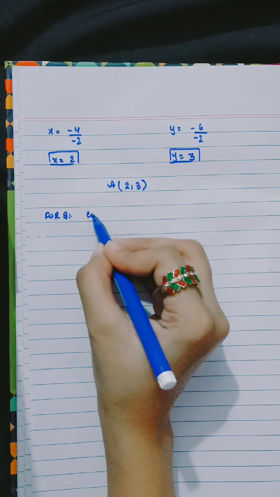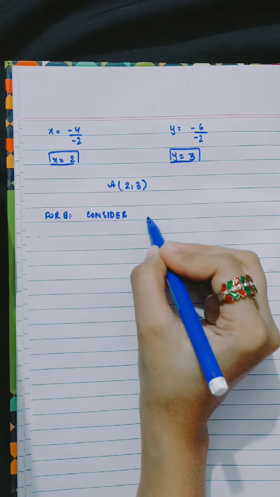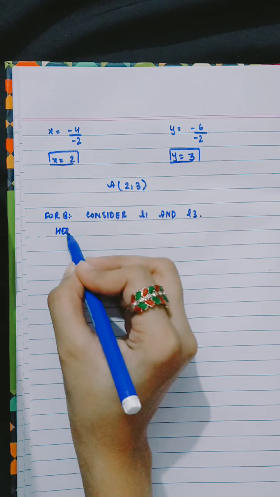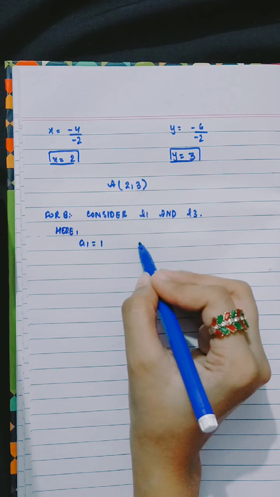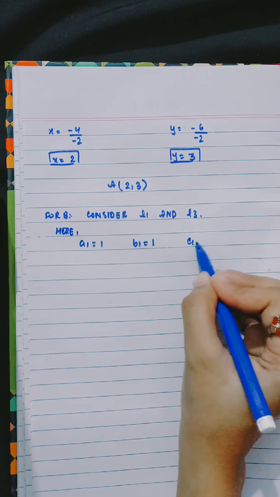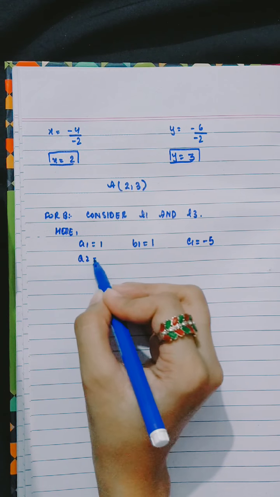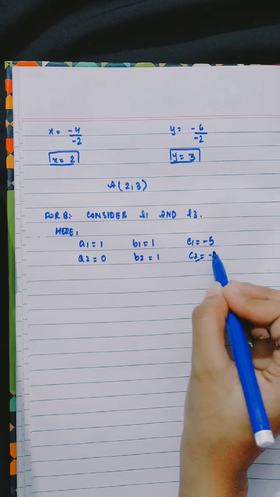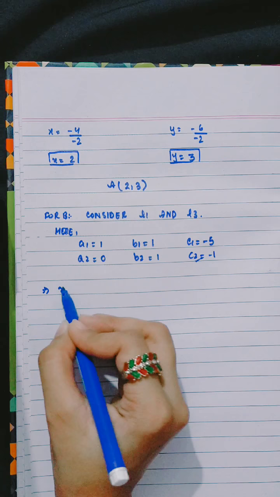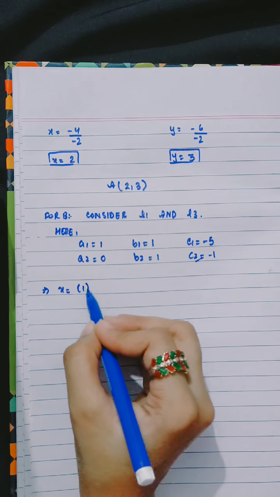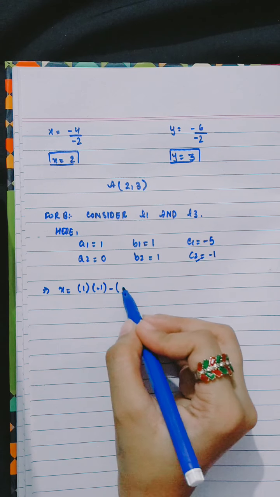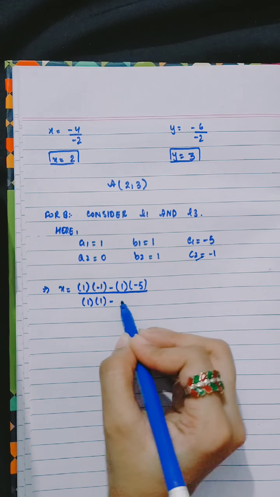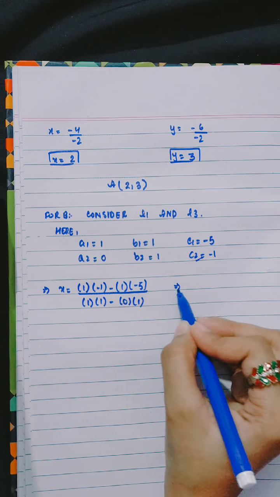Now for B, consider L1 and L3. Here A1 is 1, B1 is 1, C1 is minus 5, A2 is 0, B2 is 1 and C2 is minus 1. X is equals to 1 into minus 1 minus 1 into minus 5 divided by 1 into 1 minus 0 into 1.